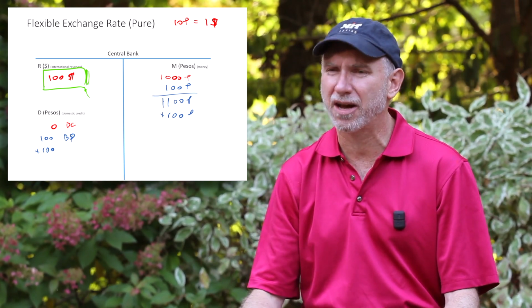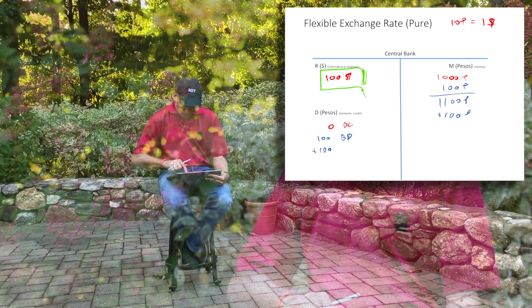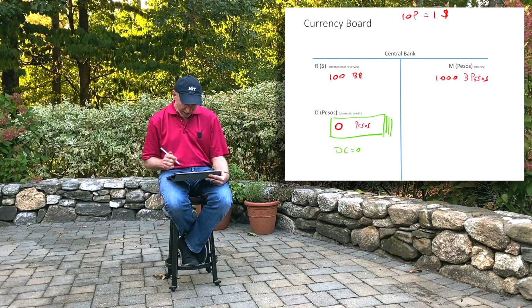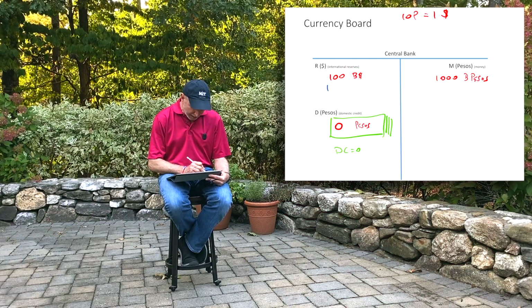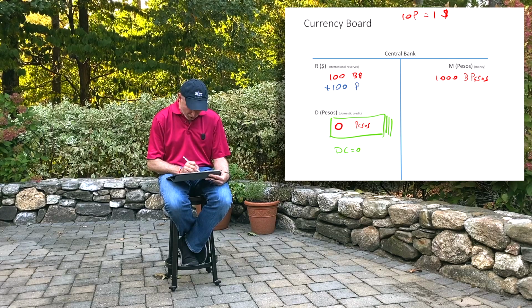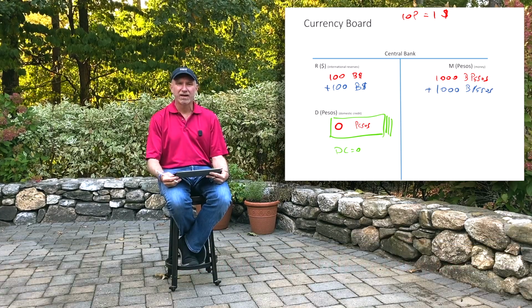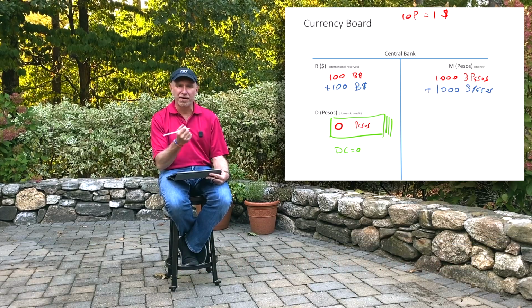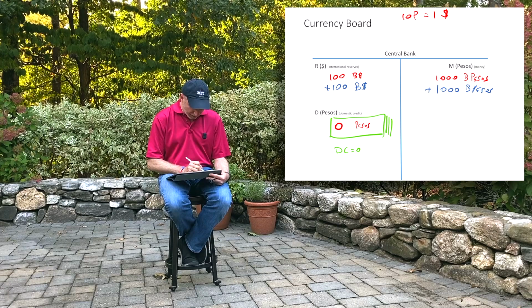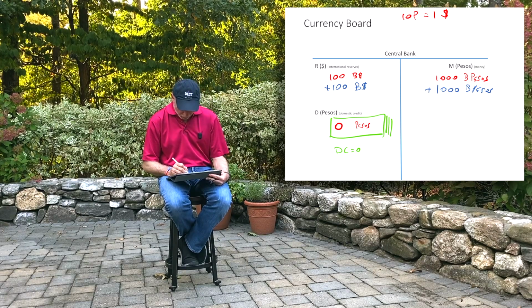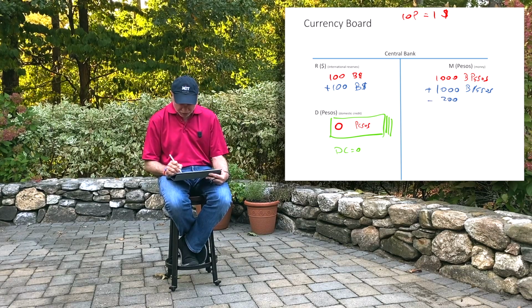That cannot happen in a currency board, you see? In a currency board, let me go back to the currency board. If I increase 100 billion in dollars, then I have to purchase 100 billion in pesos. They will always go hand in hand. In fact, if people want to sell pesos, they will bring, let's say, 200 billion in pesos to sell.